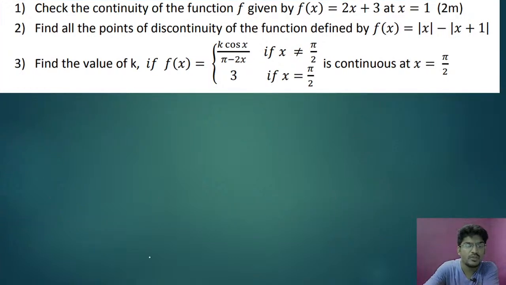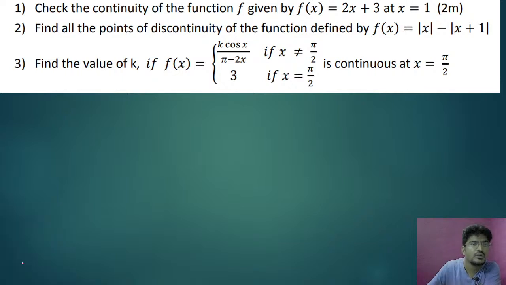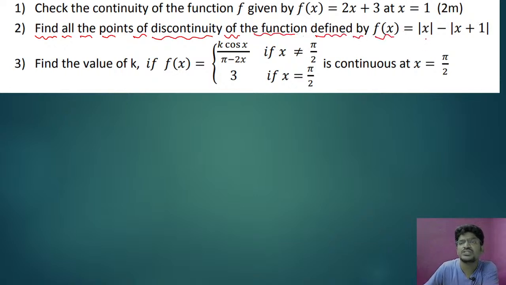See the second problem: find all the points of discontinuity of the function defined by f of x equal to mod x minus mod of x plus 1.